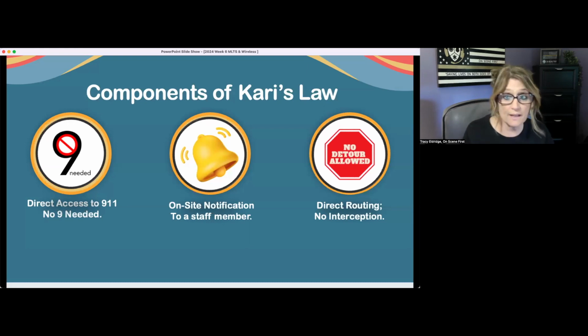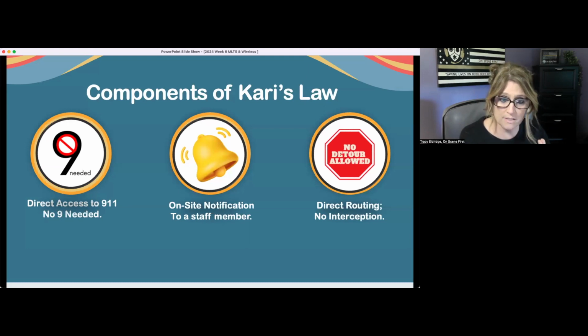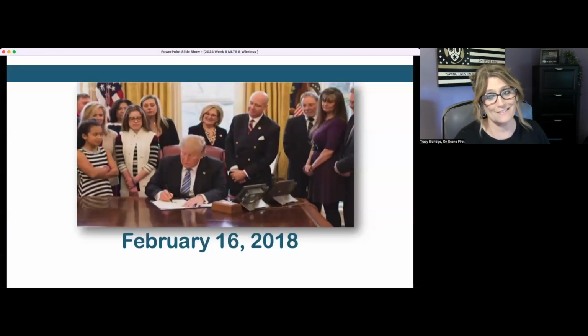Because if it's a multi-line phone system and that call goes to another location that should have went to you, or came to you and should have went somewhere else, that is violating Kari's Law. But the problem with violating Kari's Law is it has to be a certain phone system, and we'll get into that.